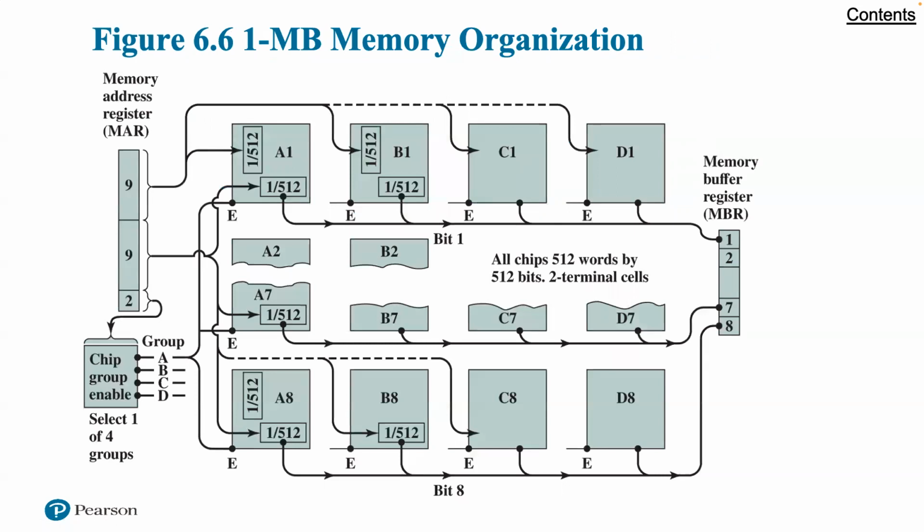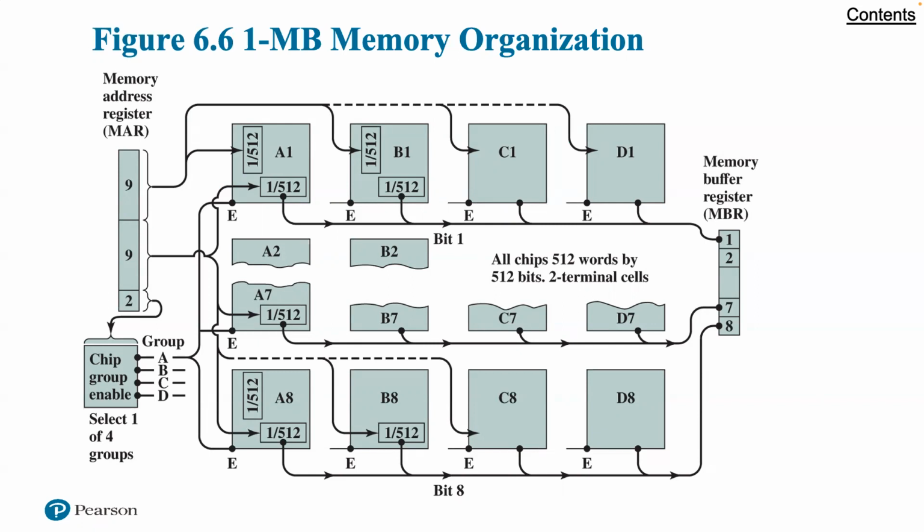So now let's look at a 1 megabit memory organization. This organization works as long as the size of the memory equals the number of bits per chip. In the case in which larger memory is required, an array of chips is needed. Figure 6.6 shows the possible organization of a memory consisting of 1 megabit words by 8 bits per word.